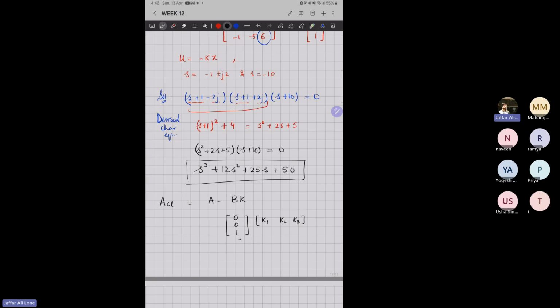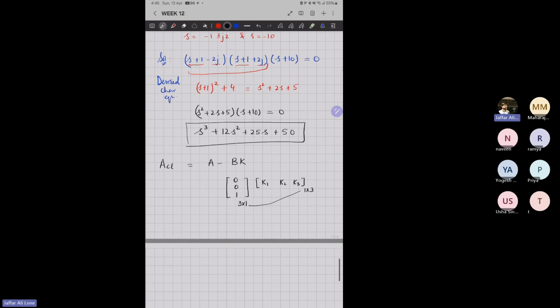This is 3 by 1, this is 1 by 3. The multiplication is compatible. The resultant will be 3 by 3. So this matrix will be 0, 0, 0, 0, 0, 0, K1, K2, and K3. This is my BK.